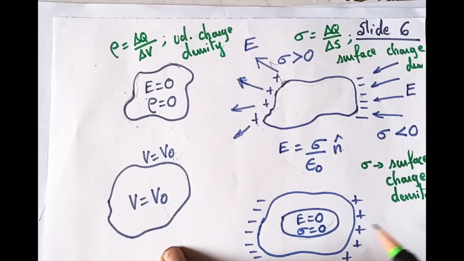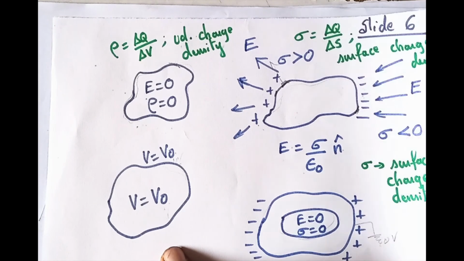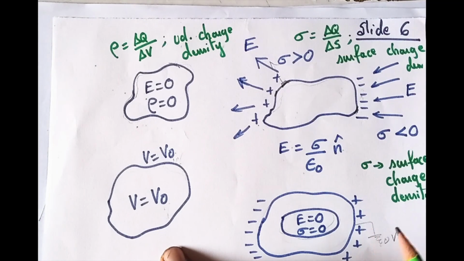And moreover, as I told you, in general practice, whatever circuit has to be protected is kept inside, and outside you have a metallic conductor, and usually that conductor is connected to ground. So if an electric field tries to penetrate the outer conductor, it is not allowed because the electric field inside the conductor is 0 and the surface charge density is 0.